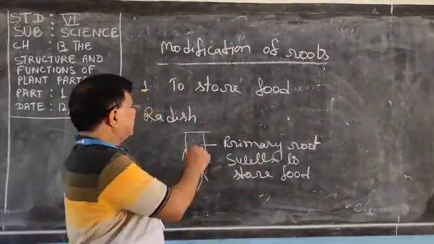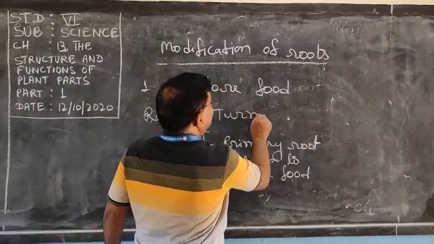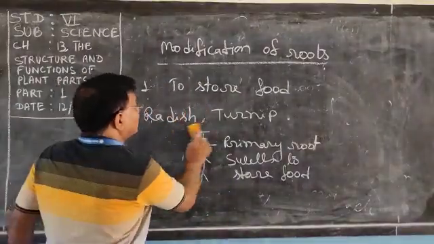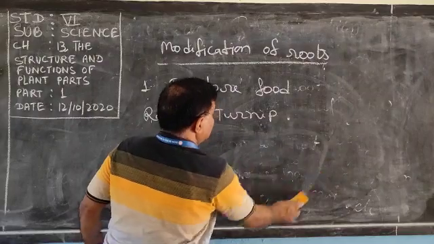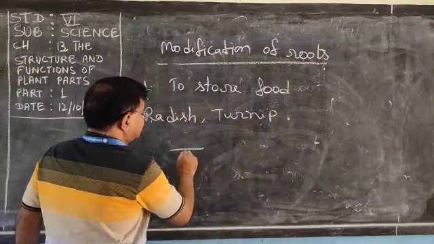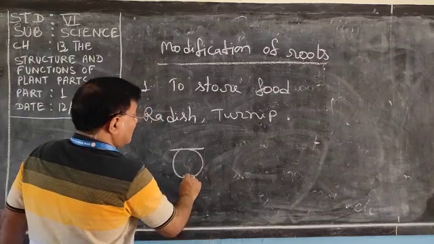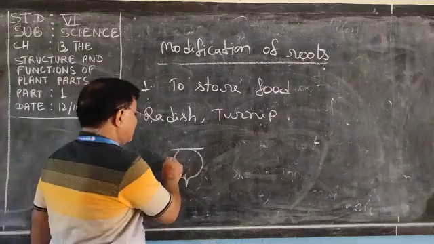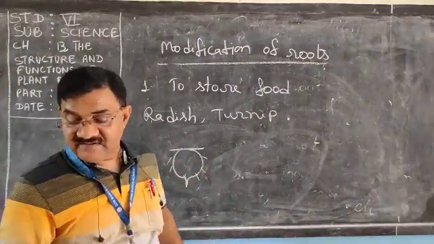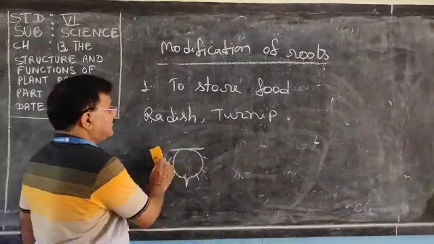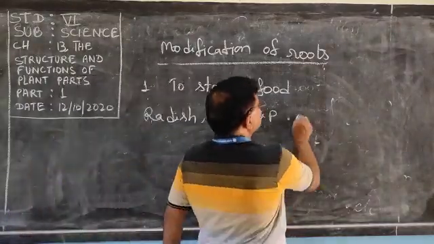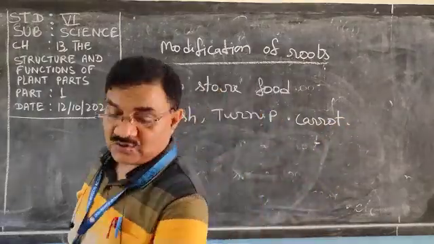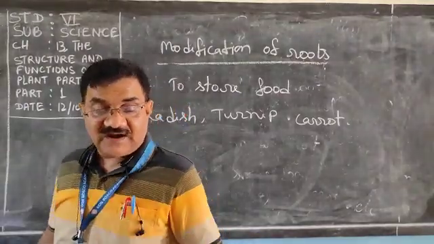Not only this, turnip also, and sorghum. Sorghum looks like this, the root is like this. And carrot also. These roots are modified to store food. So that part is clear.